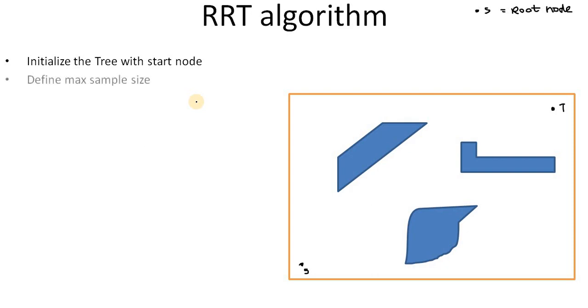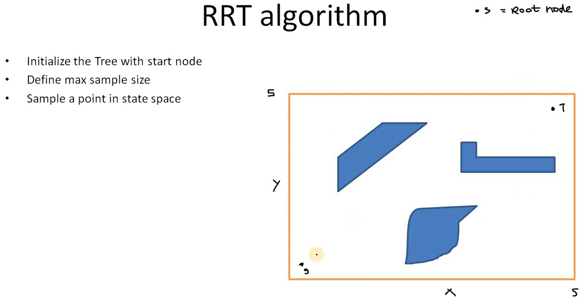The next step is to define the max sample size. Here you have to see how big your configuration space or your state space is. For example, let's say this is 5 meters in the y-axis and 5 meters along the x-axis. This is your x-axis and this is your y-axis. And next is sample a point in the state space.